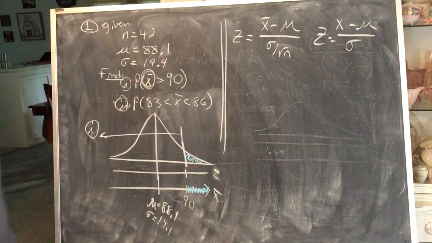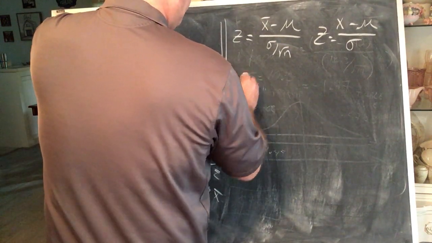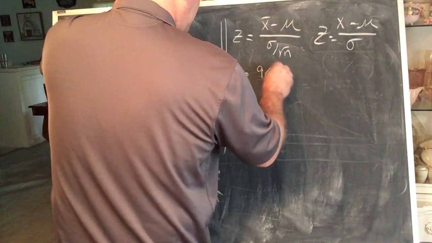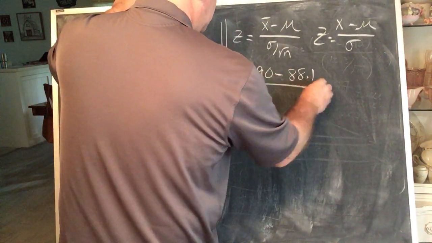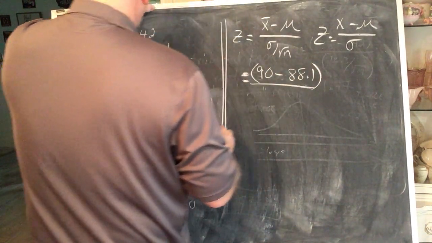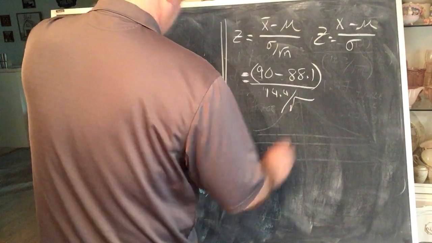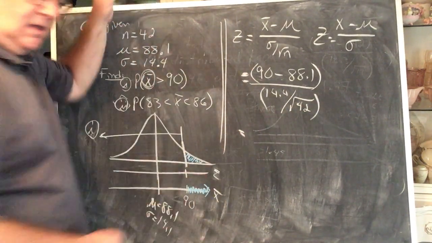We are using this one on the left, and so now this becomes substitute and simplify. X bar value is 90, minus the mean is 88.1, over sigma is 14.4 over the square root of 42. Compute.